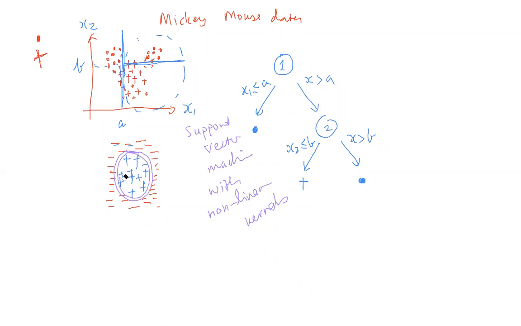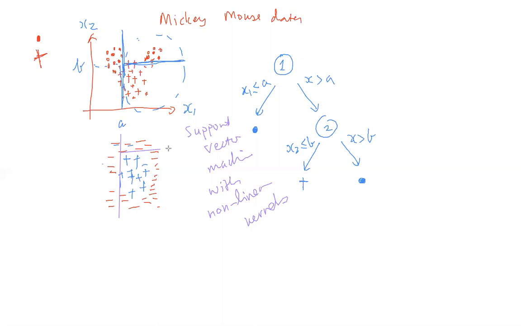The other way is to use the tree. So to use the tree, you would first cut like this. Anything that is towards the left, you classify as minus.